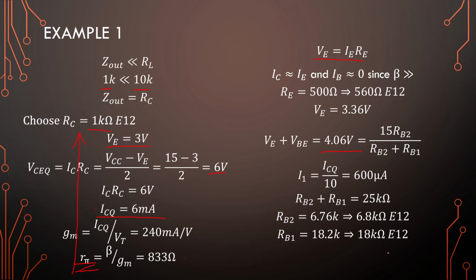But the E12 values that you select would have been exactly the same had you continued with 3.7 volts right here. So in the end, it doesn't matter so much to work with 100% accurate values for these voltages. You know that your emitter resistor stabilizes your bias, and it will be in the range that you selected.